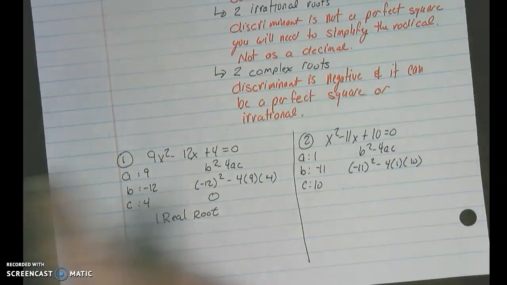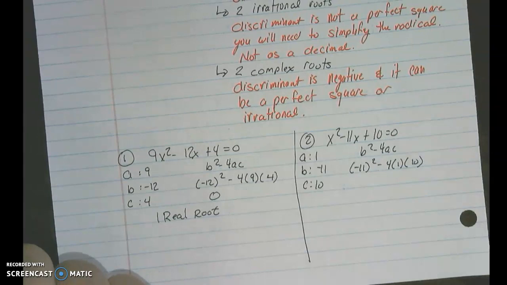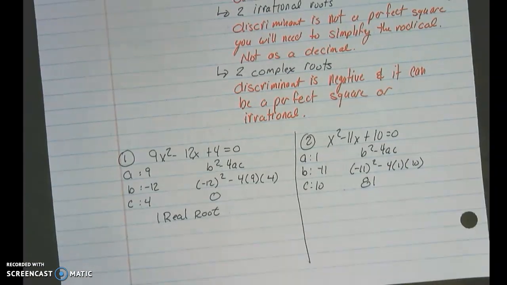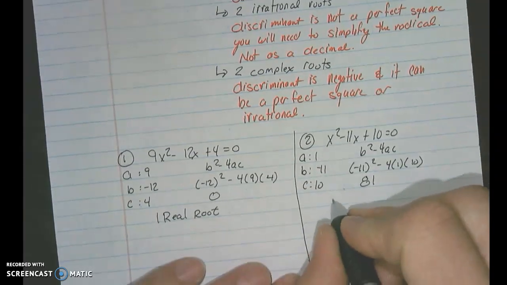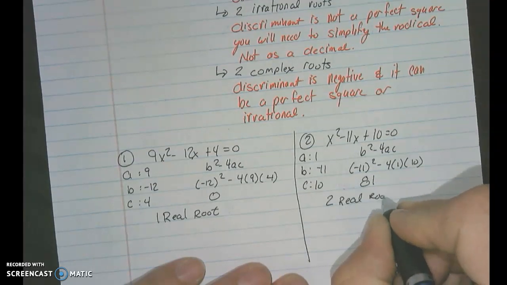So 121, because negative 11 times negative 11 is 121, minus 4 times 1 times 10 gives us 81. So that's a positive value, and it's a perfect square. So this one's going to be 2 real roots.